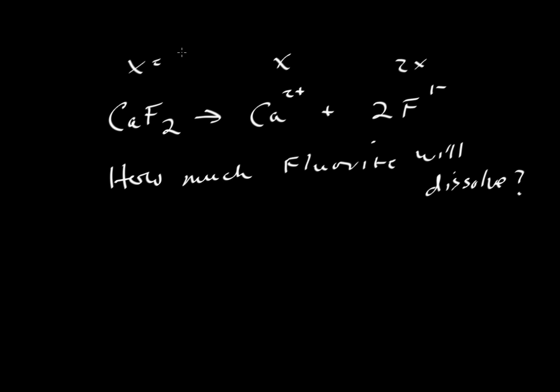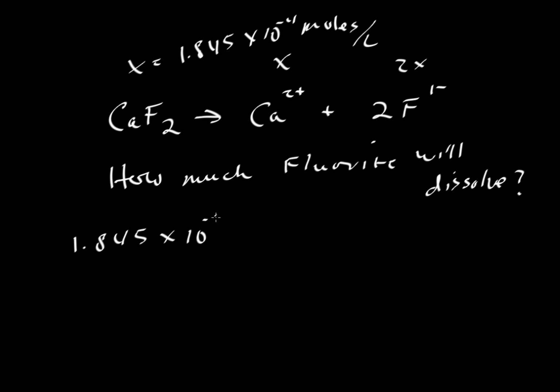Again, we take the value of X, which is still 1.845 times 10 to the minus 4 moles per liter, and we'll apply that to the fluorite. So we would have 1.845 times 10 to the minus 4, in this case, moles of CaF2 per liter. And if we want to know how much will dissolve in terms of the number of grams, we can use the molecular weight of calcium fluoride.